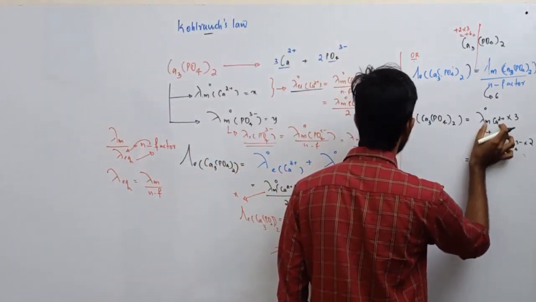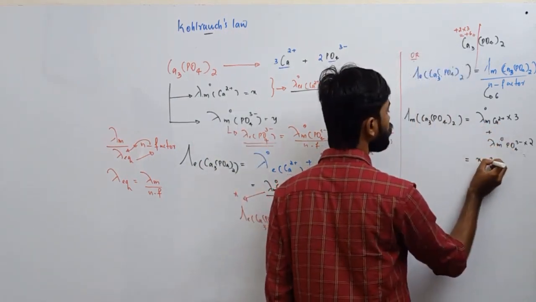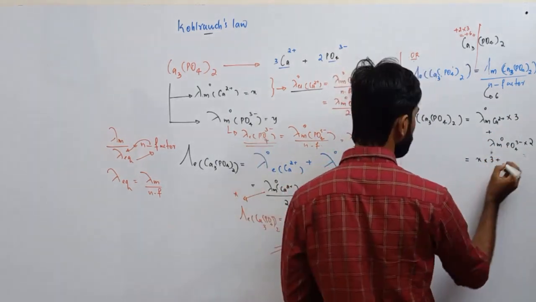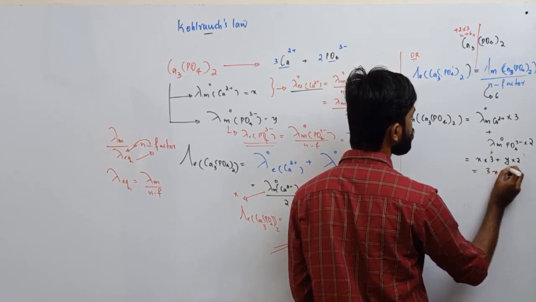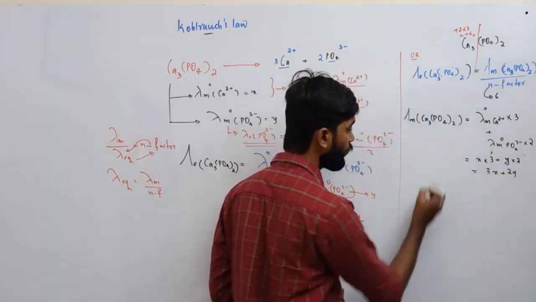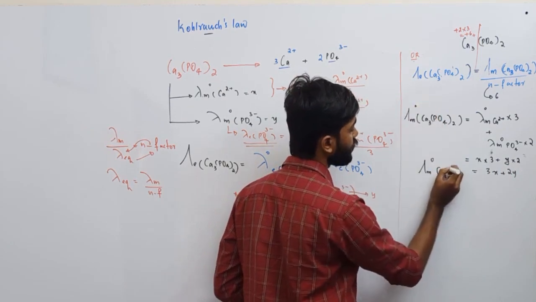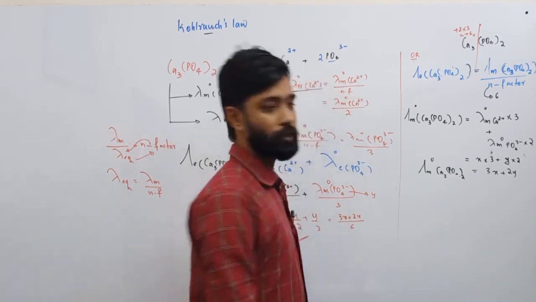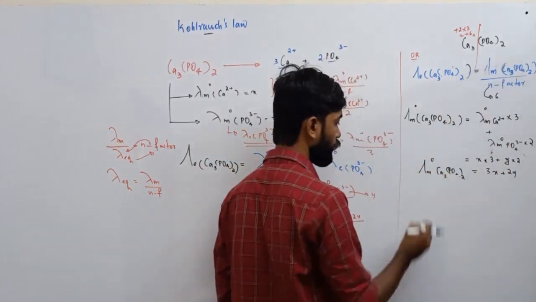And the limiting molar conductivity of Ca2+ is given in the question as X. So X into 3 plus the limiting molar conductivity of PO4 3- is given in the question as Y. Y into 2. So the limiting molar conductivity of Ca3(PO4)2 is equal to 3X plus 2Y.